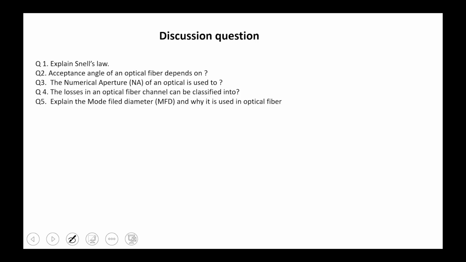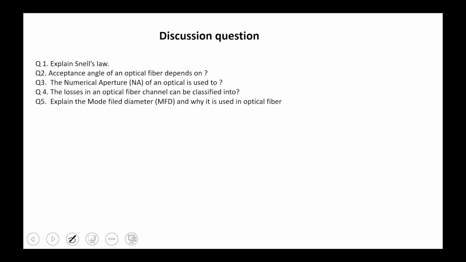So where can we use this in optical fiber? Any applications? It is used to understand the phenomenon of TIR, total internal reflection. It is the basic phenomenon used to understand the mechanism of TIR.